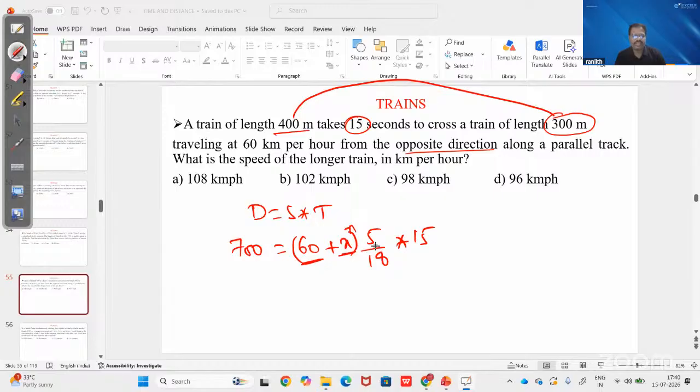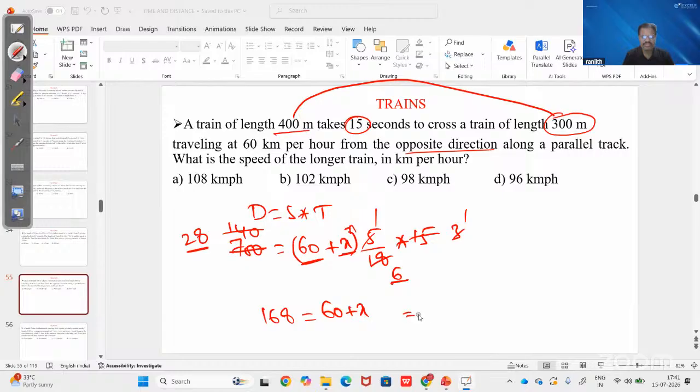So do the cancellation. 5 ones are 5, 140, 5 threes are 15, 28, 3 ones are 3, 6 into 28. 20 into 6 will be equal to 120, 6 into 8 equal to 48, 168 is equal to 60 plus x, where x equal to 108 kilometers per hour.